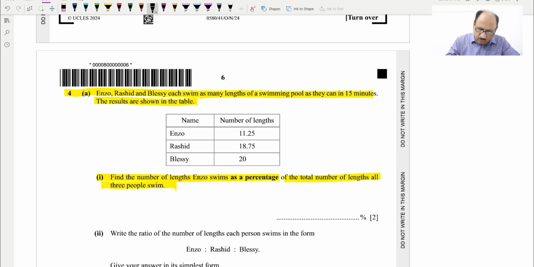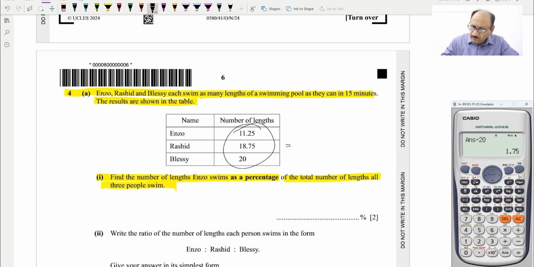So total is how much? Total for this one, we will be adding this and calculating, and this will be 11.25 plus 18.75 plus we have to add 20, and this is adding up to 50.